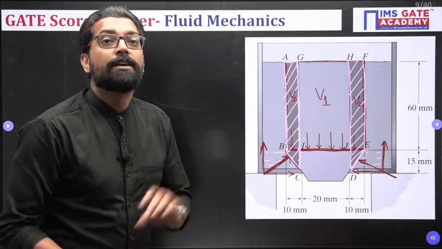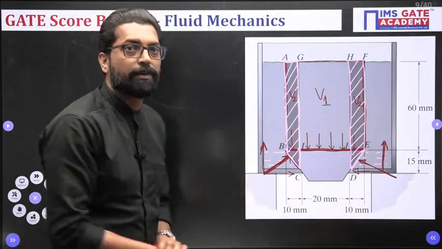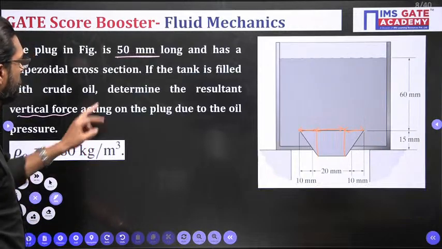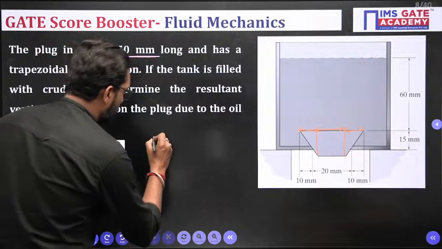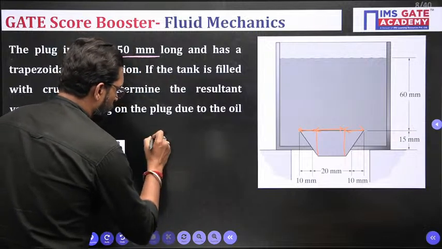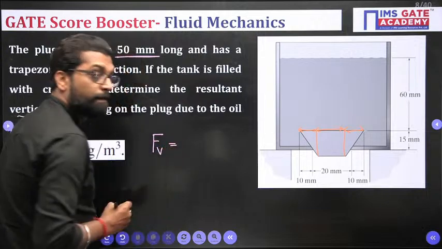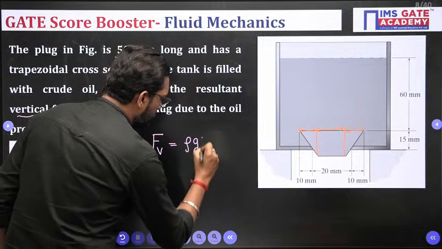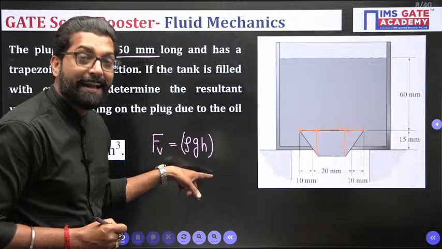If you say rho g h, if you say the volume displacement, they are asking: determine the resultant vertical force. So if you find the vertical force, what is the pressure? Rho g h is the pressure, into the area.